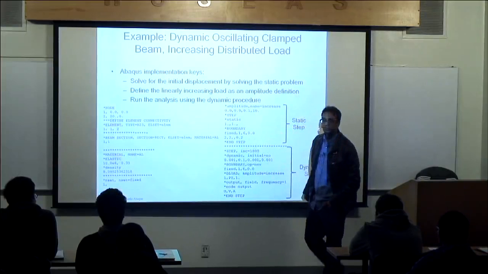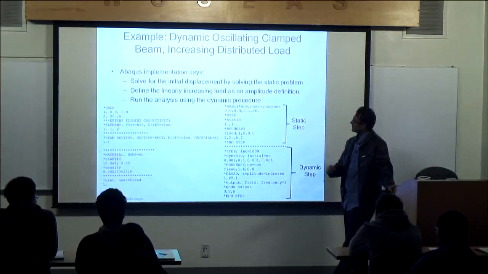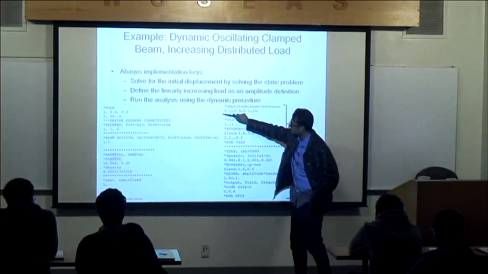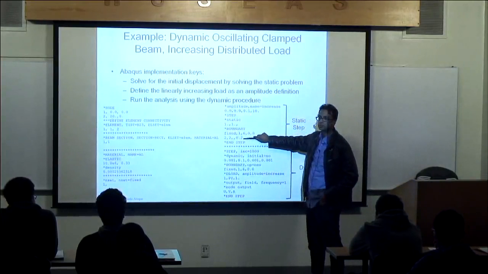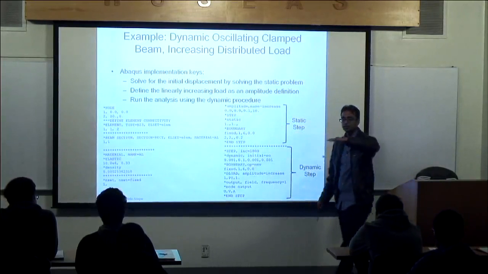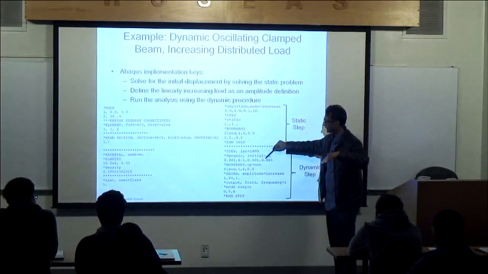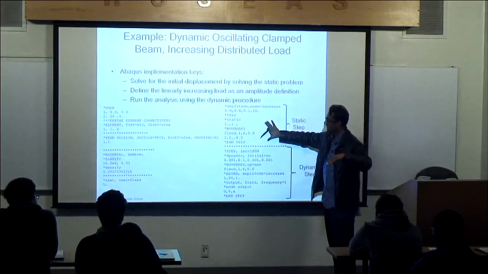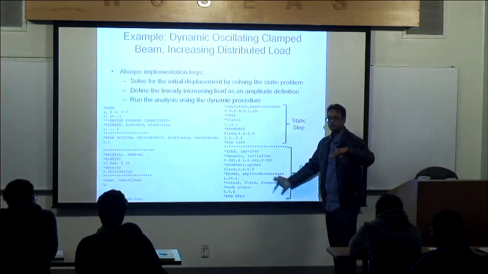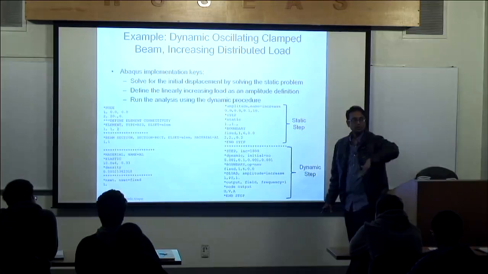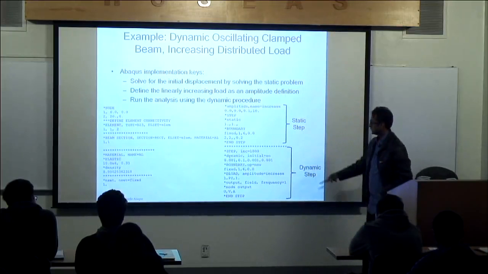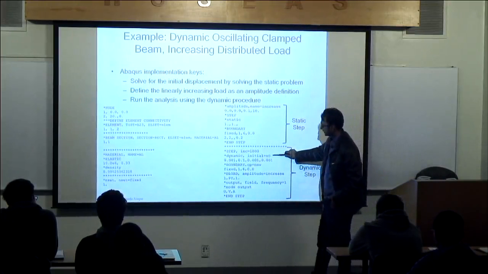Look at this. I started with a static step. I did a static step because I wanted to apply that deflection of 0.2 initially. I wanted to get that deflection in there initially. And then I told it, don't have any accelerations on that. After you finish the static step, start the dynamic, but don't start things in motion just yet. So that's what the initial equals no is doing.